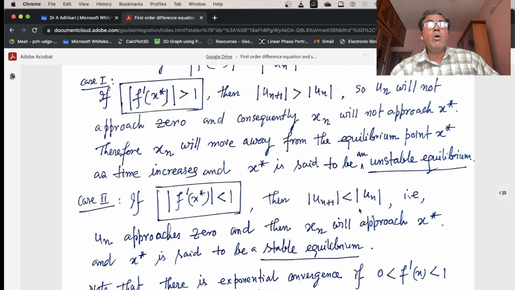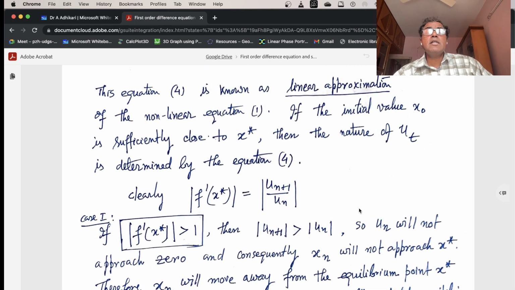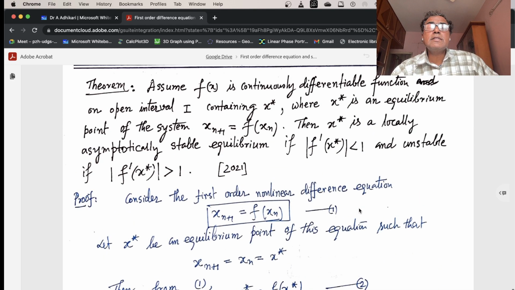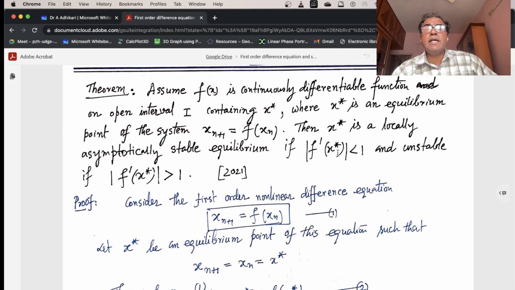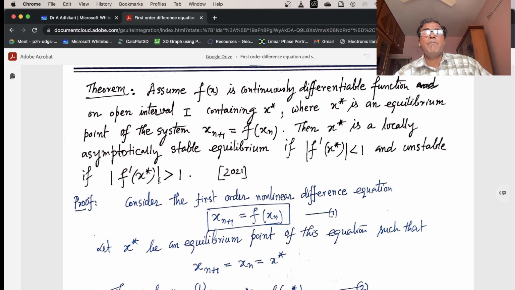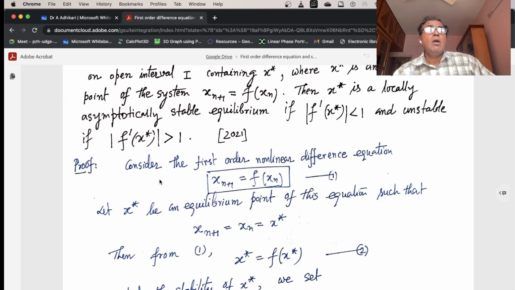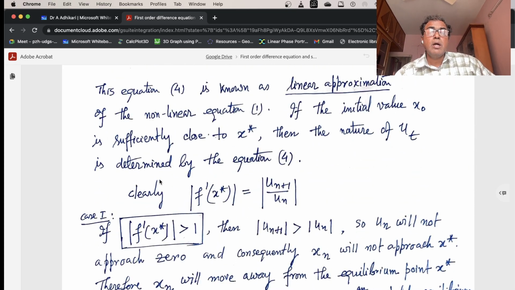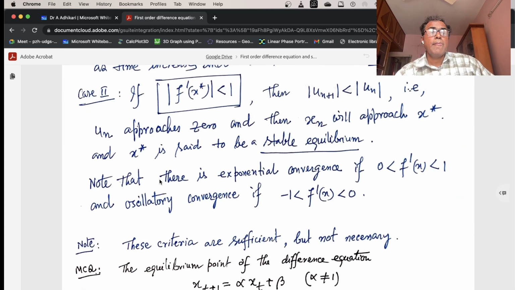If the modulus of f dash x star is less than 1, then x star is locally stable, and if it is greater than 1, it is unstable. But when x star is locally stable, it does not imply that the modulus of f dash x star is less than 1. So it is a sufficient condition, not a necessary condition.